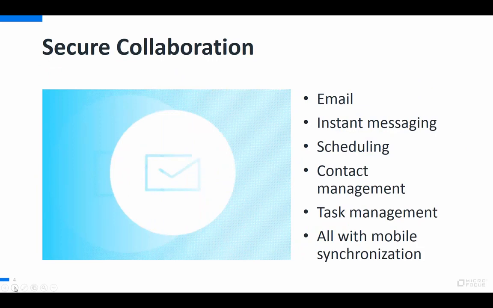So just to begin with, of course, the biggest piece of enterprise messaging is the collaboration piece. It comes with email, instant messaging, scheduling, contact management, task management, and it can all be synchronized with your mobile device. For those of you who are familiar with it, it's built using GroupWise. It's powered by GroupWise.